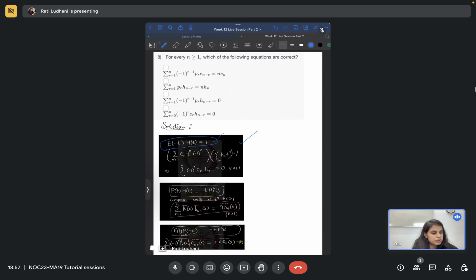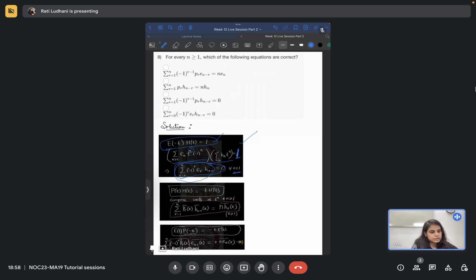So this product is 1, which means this sum should be 0, because when we compare the powers, the constant term is 1, and all other powers have coefficient 0. That means for all n greater than or equal to 1, the coefficient of t raised to power n is 0.